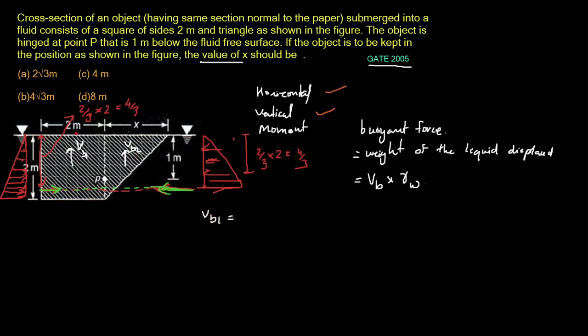VB1 would be the volume of the square part, which can be written as area into thickness.